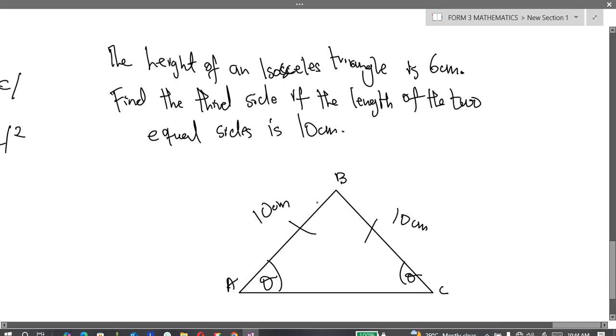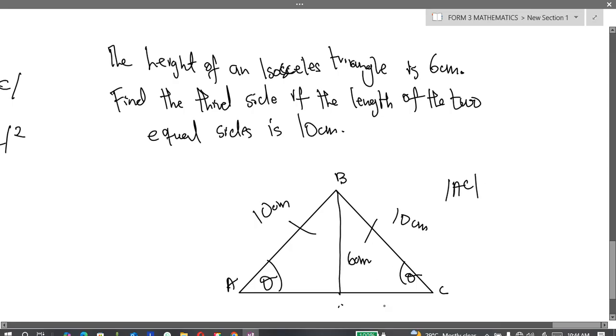So let's label it A, B, C, and they've given the height from here to here to be 6 centimeters. We should find the third side, so AC is what we have to find.